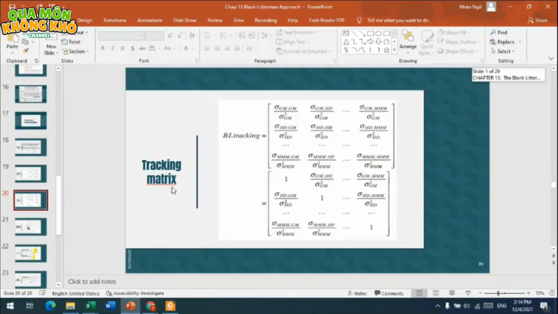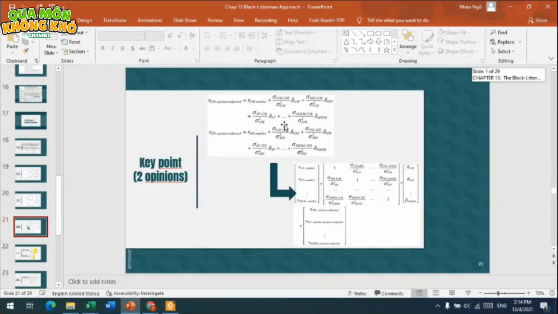So the BL tracking matrix represents the covar and var ratio. When you have this matrix, you just apply it to the formula, and it will change from this formula to this formula, and maybe in one click you can calculate all the adjusted returns as fast as possible.